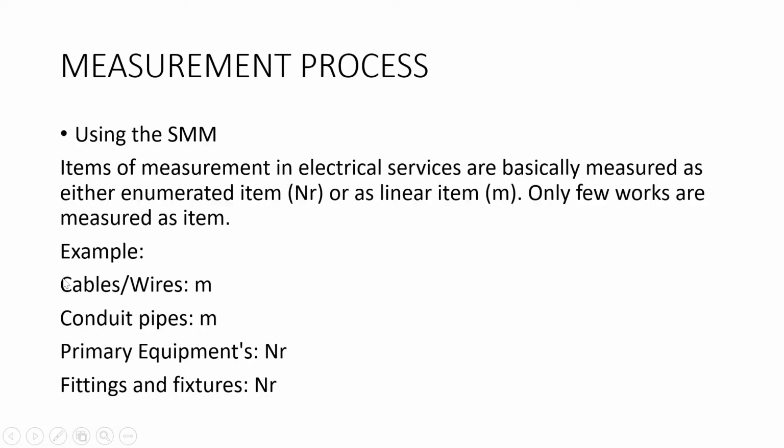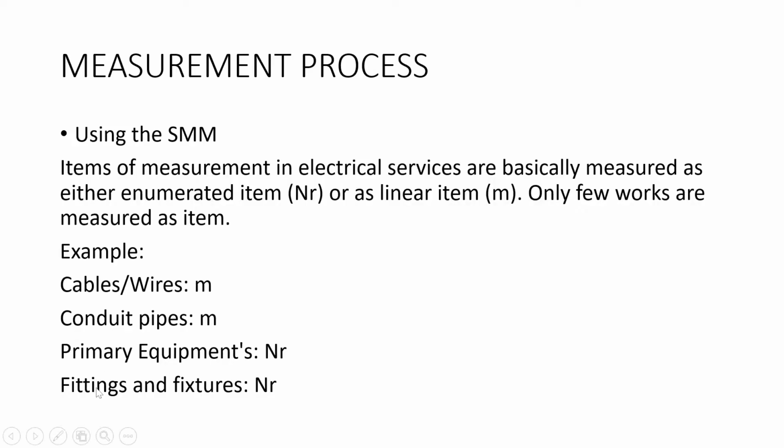For example, the cable stroke wires are measured in what? Meters. The conduit pipes are measured in what? Meters. Primary equipment like your transformer, your low voltage panel, high voltage panels, your distribution board, they are what? Enumerated, meaning that you just count them and tell us what's the number.